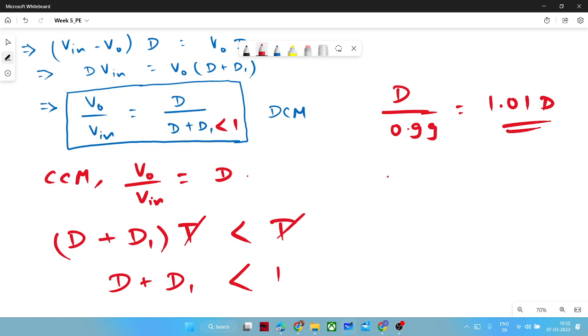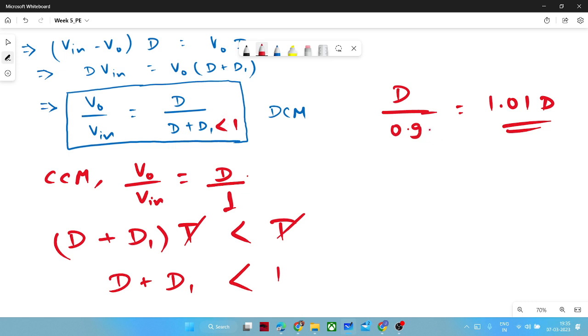Sir, actually, the denominator also has D, no? Ah, it has D, but here it has the parameter D1, and it has D plus D1, which is less than 1. Okay, sir. If the denominator is 0.9, then the numerator will be less than 0.9.